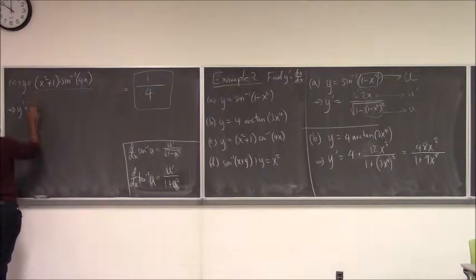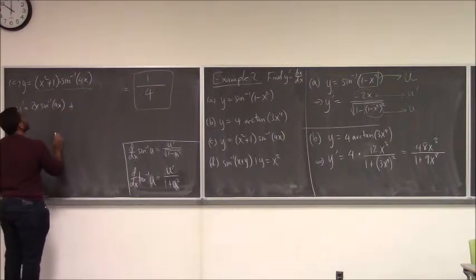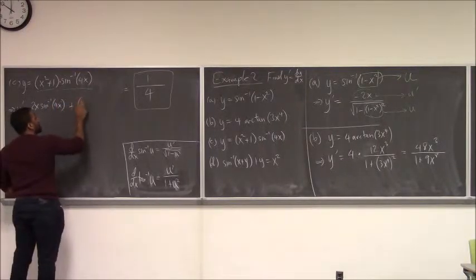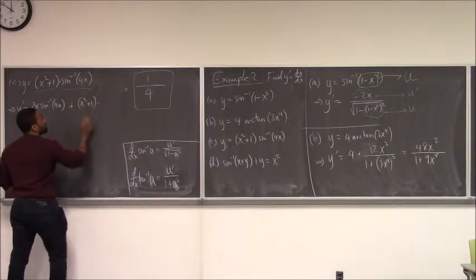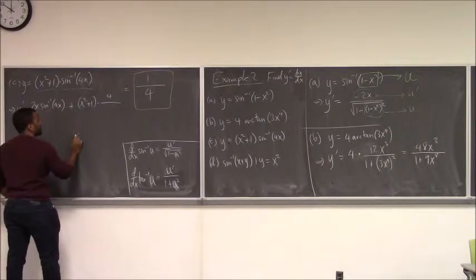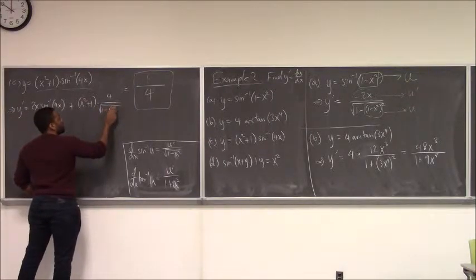So what would that look like here? 2x times sine inverse of 4x plus x squared plus 1 times 4 over the square root of 1 minus 4x all squared.